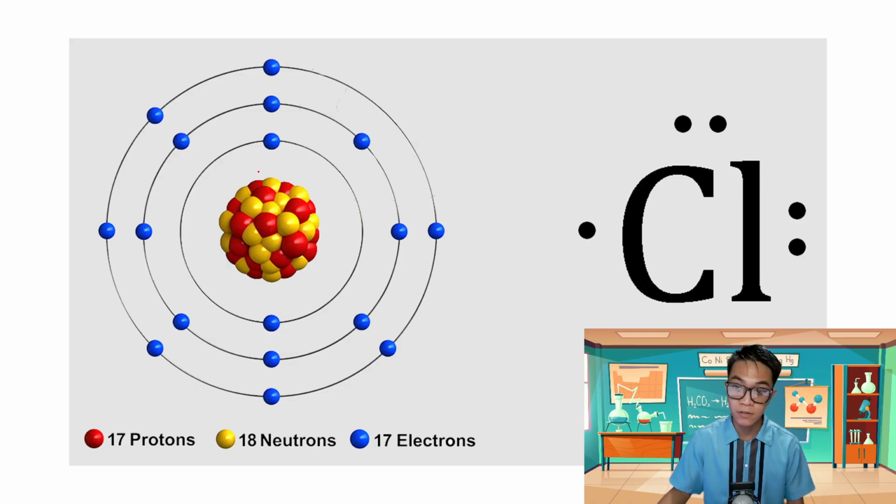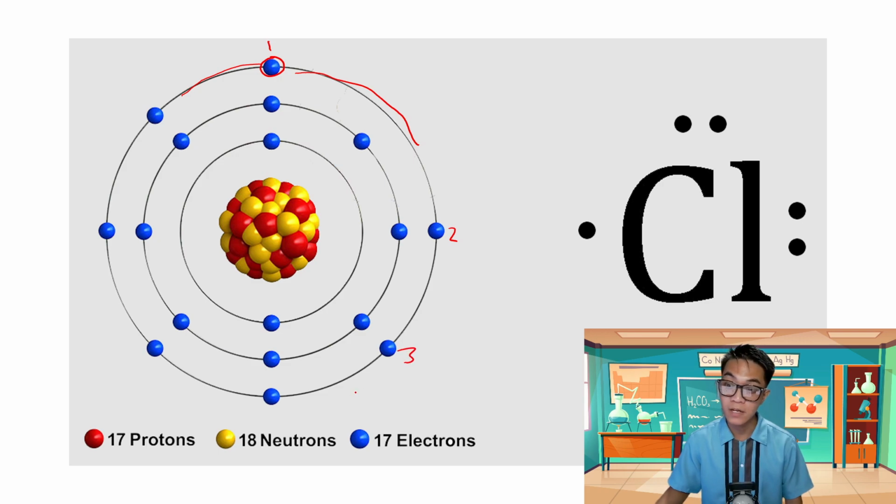In a model of an atom, this outermost shell is what we call the valence shell. And the electrons located on the outermost shell are what we call the valence electrons. Let me count. There are 1, 2, 3, 4, 5, 6, and 7 valence electrons for the chlorine atom.